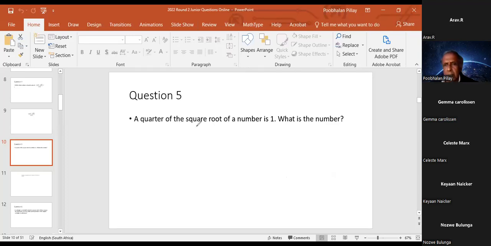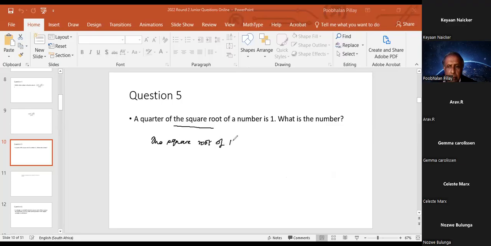Right. A quarter of the square root of a number is 1. What is the number? Right. Now, you have to read this thing and understand it. A quarter of some number is 1. So, some number being the square root. So, the square root of the number must be, if the quarter of that number is 1, so that number must have been 4.